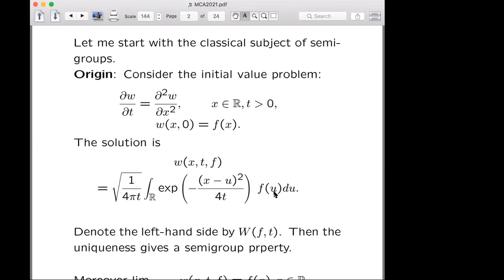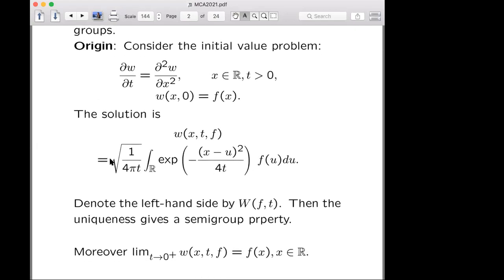It's known as the Gauss-Weierstrass transform. I call this thing W acting on F at T, W of F and T. So this is now my transform. It's acting on F, but then I have to evaluate it at X.